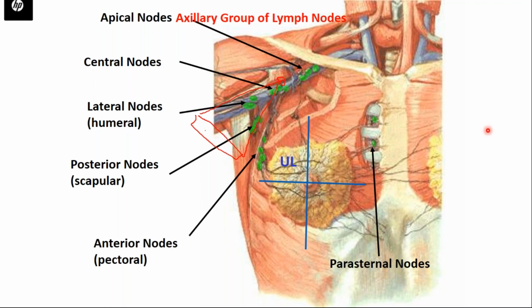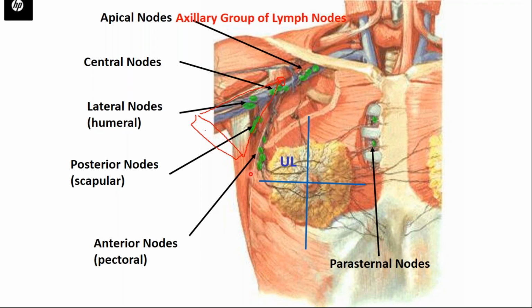So that's why whenever you find a person with cancer breast, it's not important to check only the breast which is affected. You should also inspect the breast on the unaffected side, because there could be another cancer which could have spread to the opposite side breast as well. Not only the breast, but also the axillary group of lymph nodes.